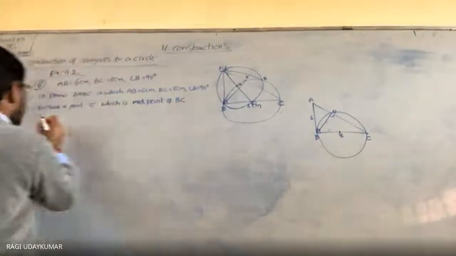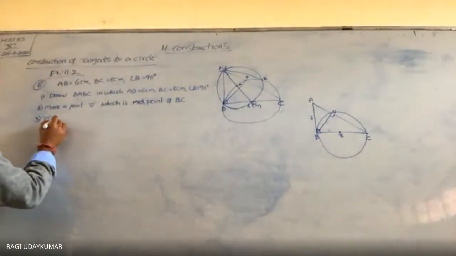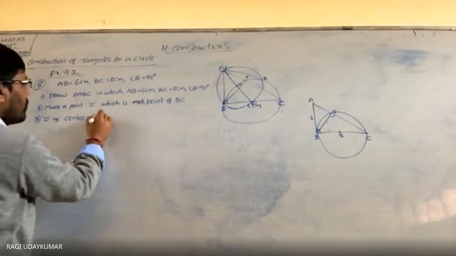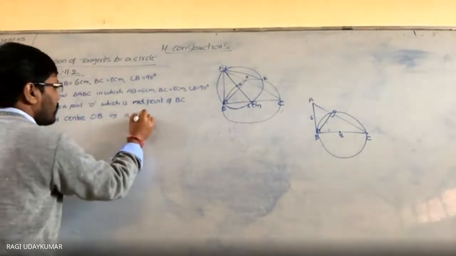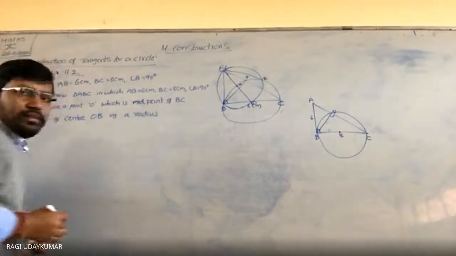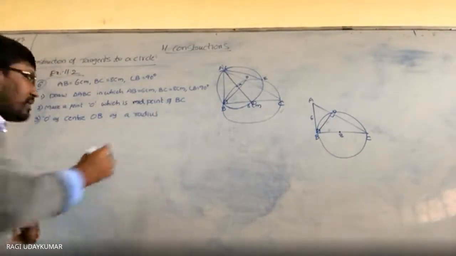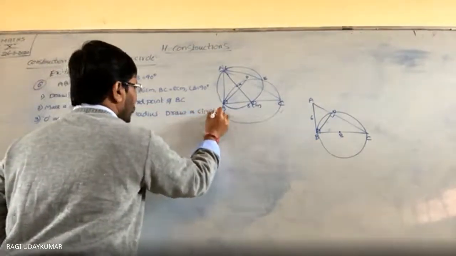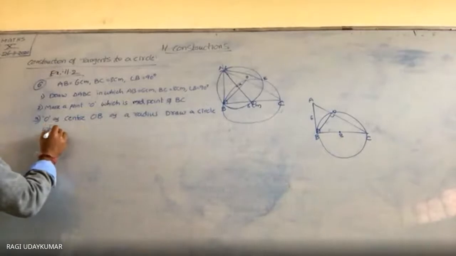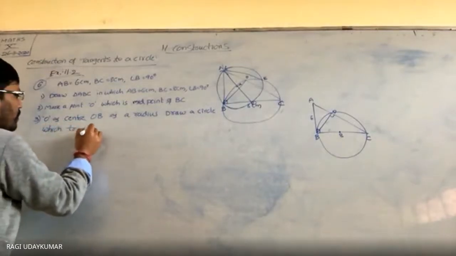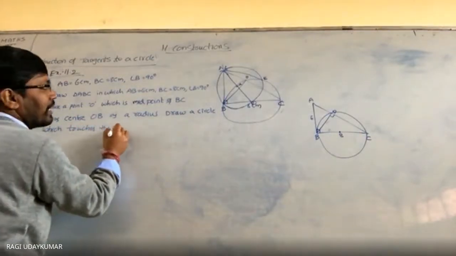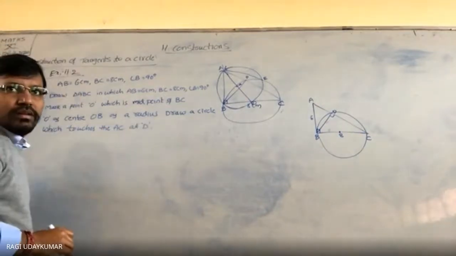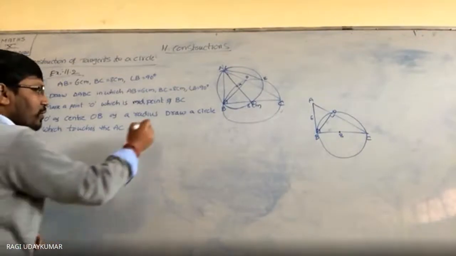Now O as a center, OB as a radius, draw a circle, which touches the AC at D. Okay, here you can write.